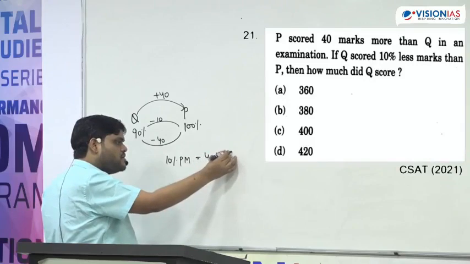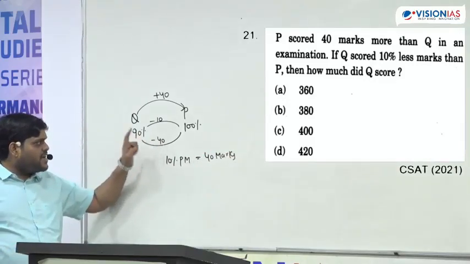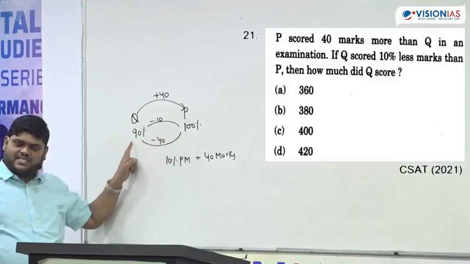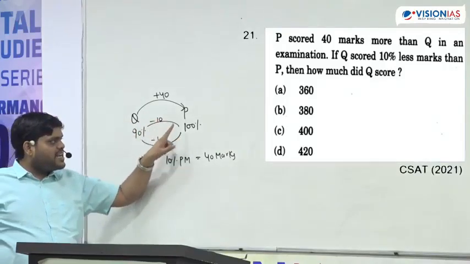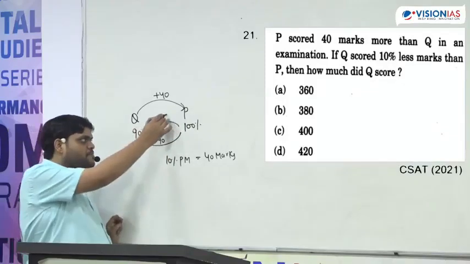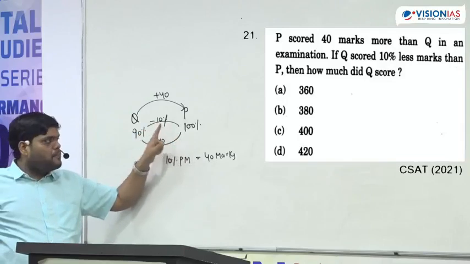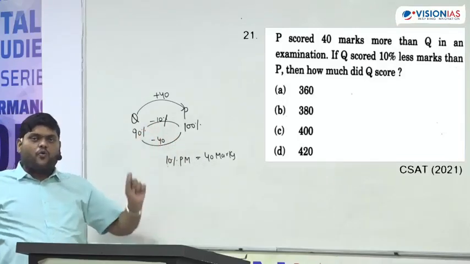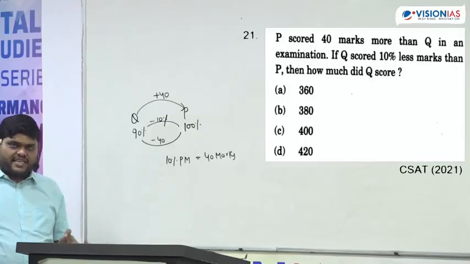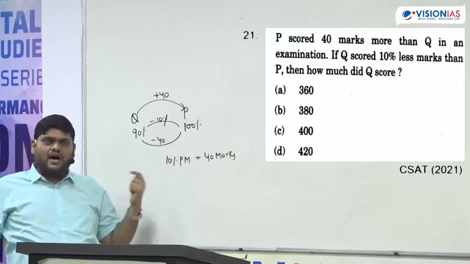One statement says Q is 40 marks less than P, another says Q is 10% less than P. Both symbolize the same thing, one given in number and one in percentage.